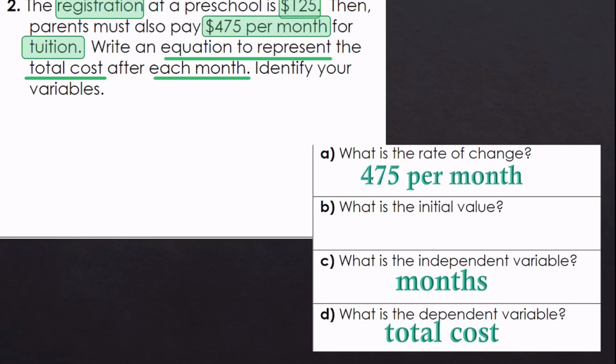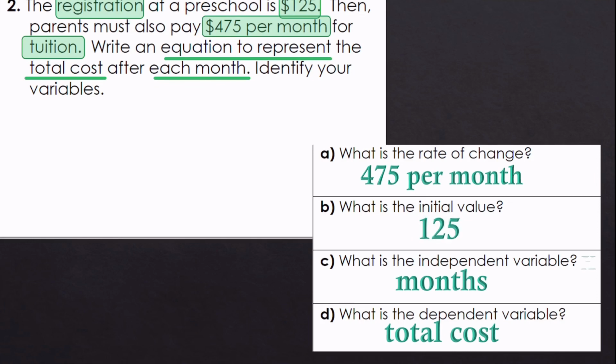Okay, so what is its initial value? Remember, an initial value is a beginning point. It's a starting amount. It's a one-time fee when we're dealing with certain real world situations. So what is a one-time fee in this situation? Exactly, $125. You're not going to pay that registration fee every month. You only pay it once, okay?